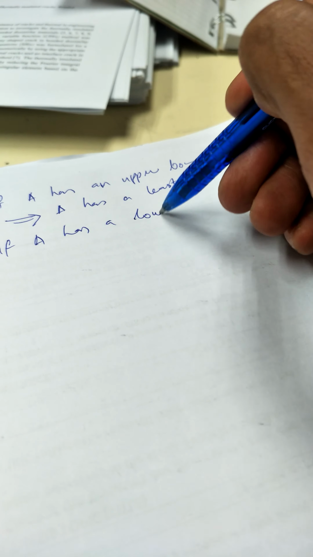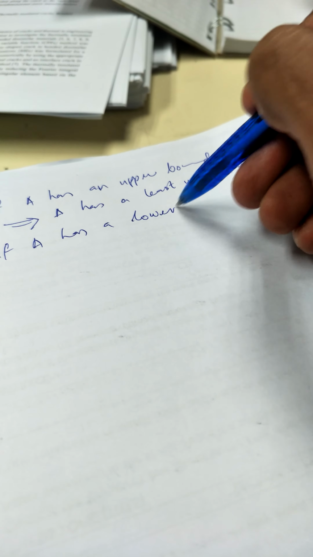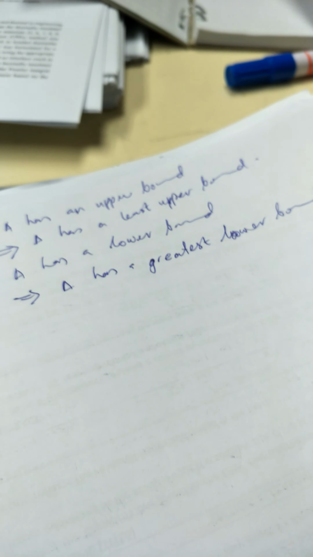As well, if A has a lower bound, then A must have a greatest lower bound. Now let's see an example.